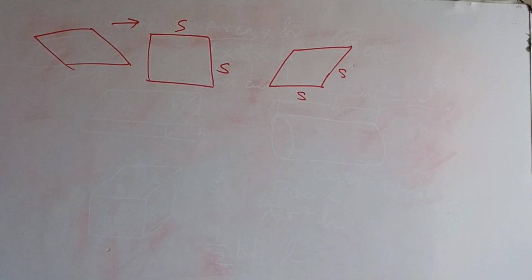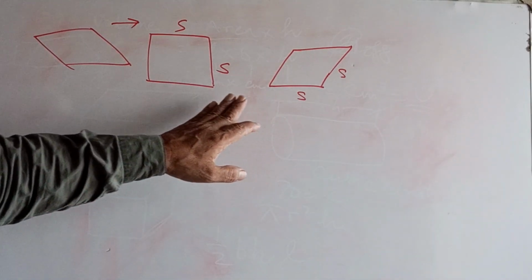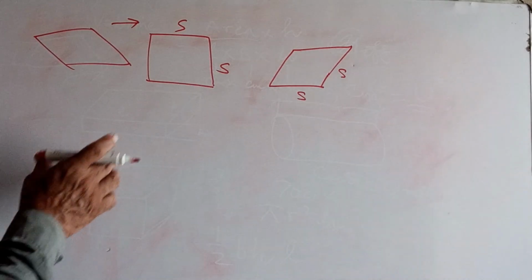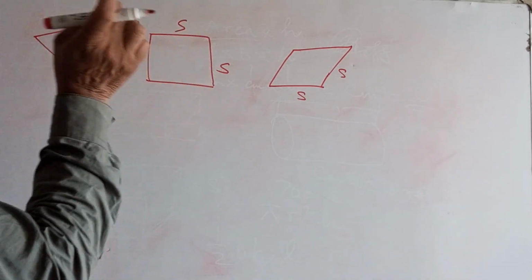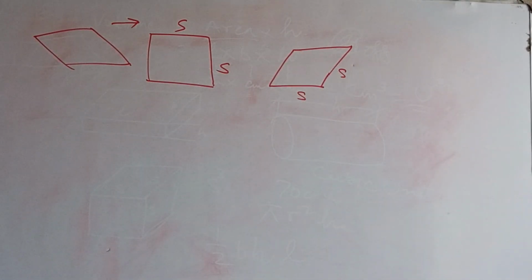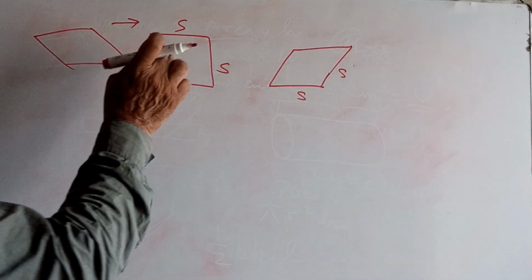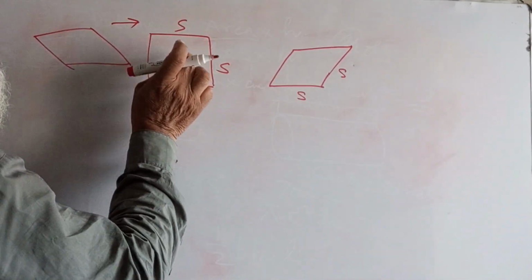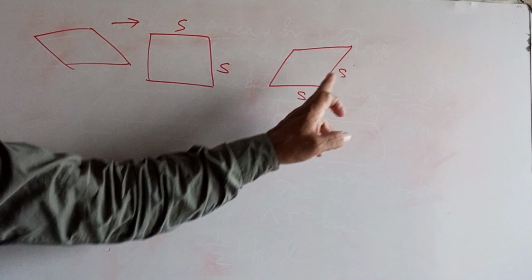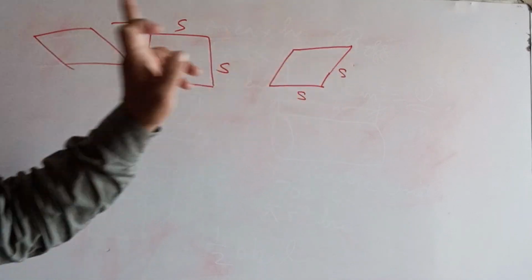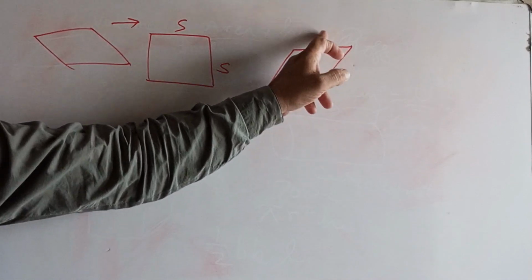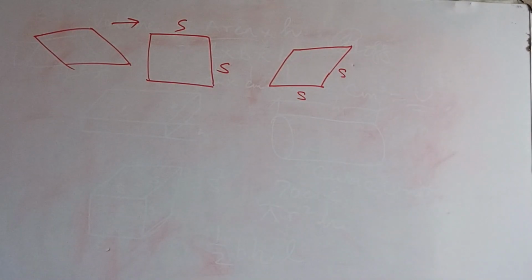But how could we find the perimeter? We can find the perimeter because the perimeter of the square and the rhombus is the same, because all four sides are the same. Now the perimeter will be the same.